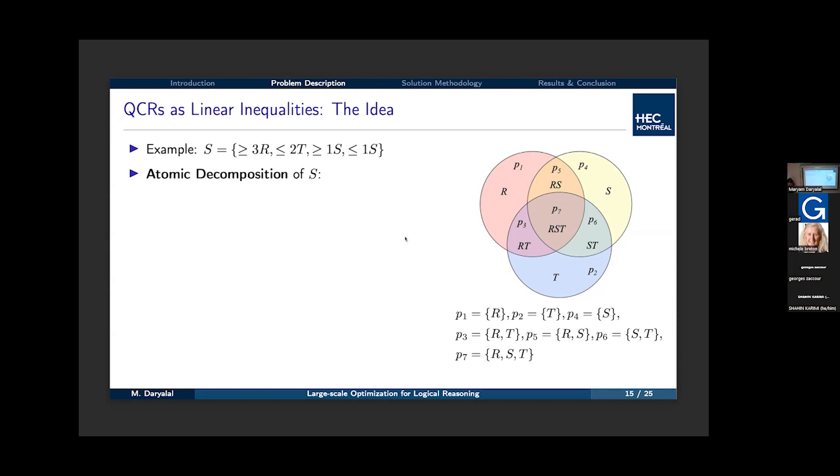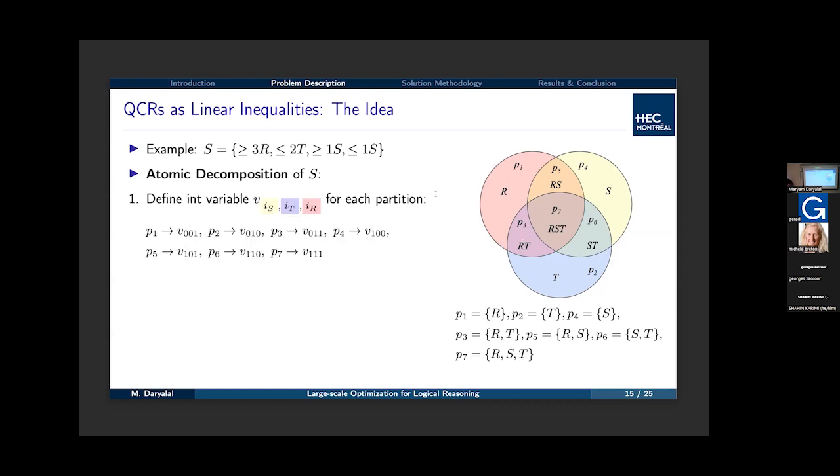There is nothing that restricts us from it yet. As a result of these three sets that we defined, we got 7 partitions. One partition is just R, one partition is T, one partition is S, and another partition is these two, R and T, so this part. So for every part of these 3 sets, we have a partition.